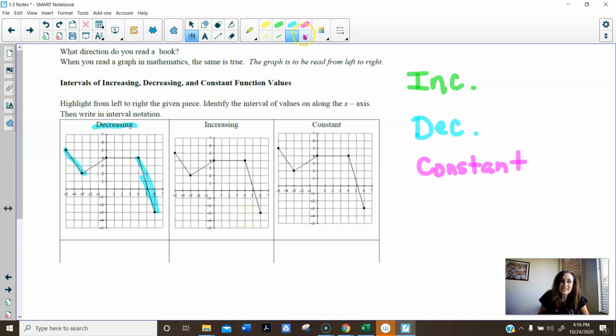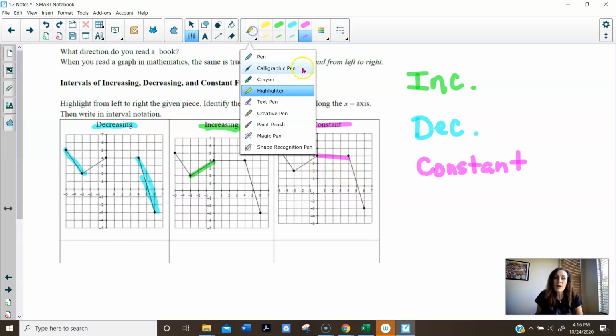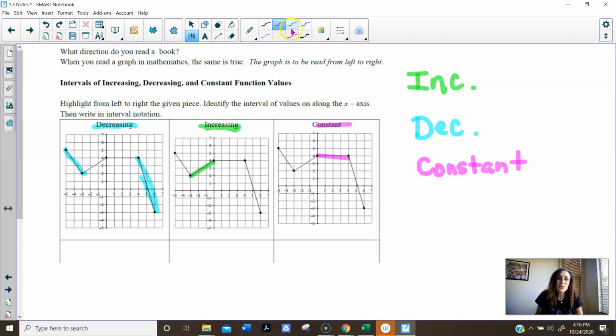Looking at the next graph, we're looking for increase, and the increase is going to increase as it moves up, and there's your increase. The constant is when we go straight across, and so the constant in the graph is going to be from here to here.